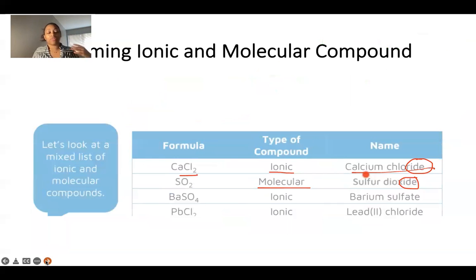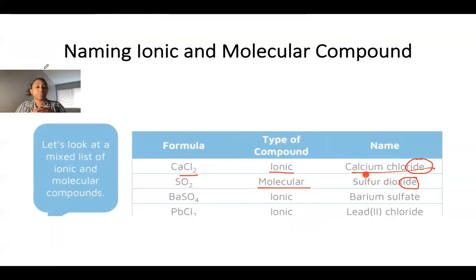These are just examples of naming ionic and molecular compounds, a mixed list of both. We have calcium chloride, which is ionic because it's a metal and a non-metal. Then we have sulfur dioxide, because it's a molecular compound with two non-metal elements coming together.